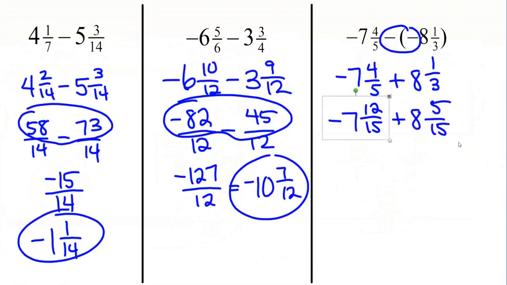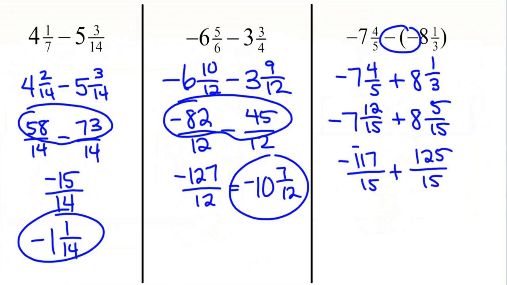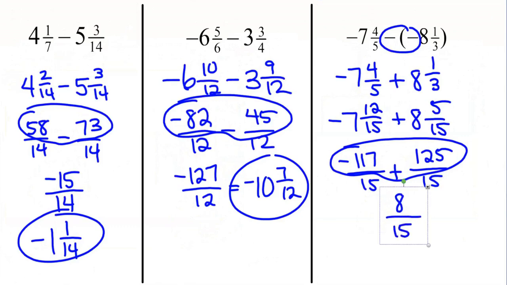Now I can change them to improper fractions with common denominators. This is -117/15 plus 125/15. And rules of addition for the numerators. -117 plus 125 is +8, and that's +8/15, and that is in simplest form.